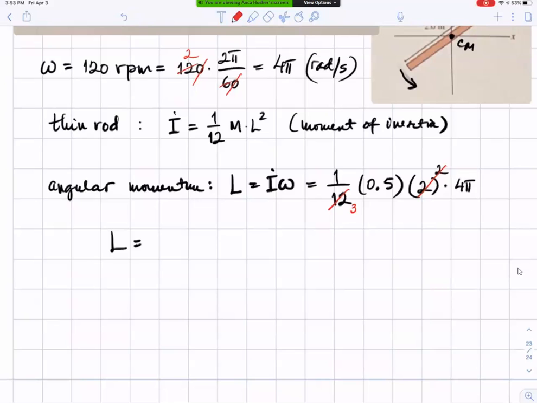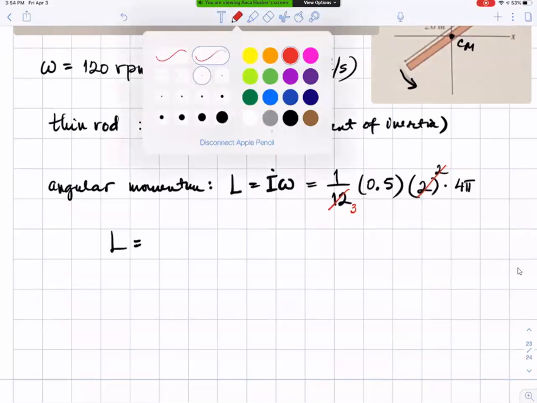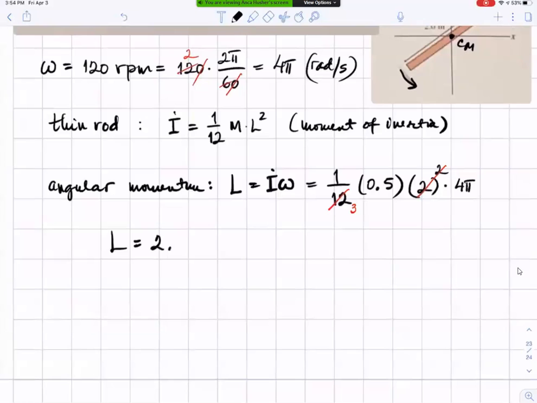I just want to double check. Yeah, about 2.1. And remember the units for this? So kilograms meter squared per second. All right.